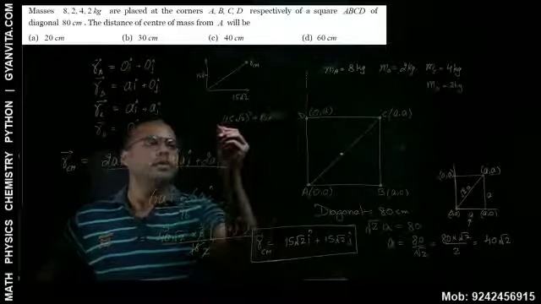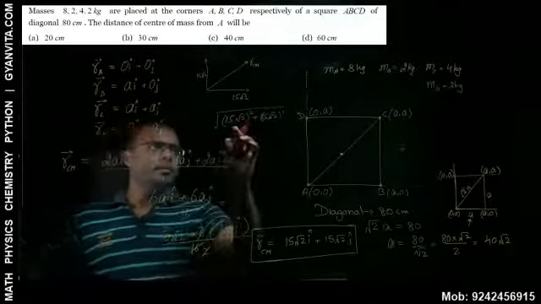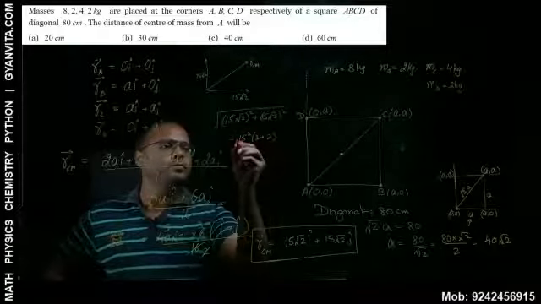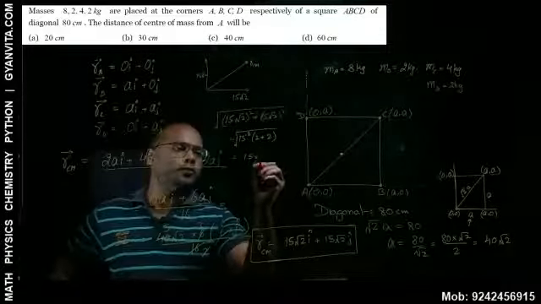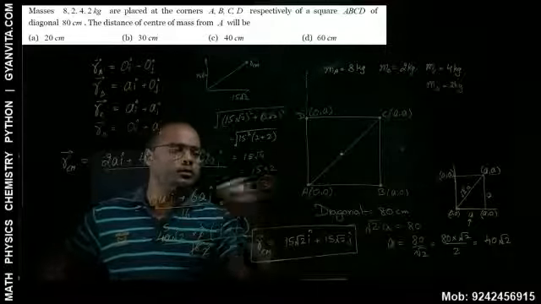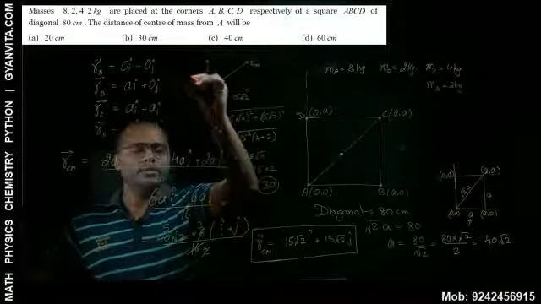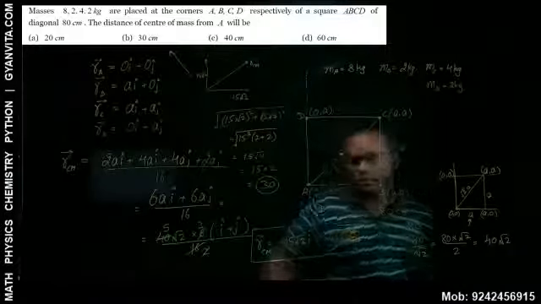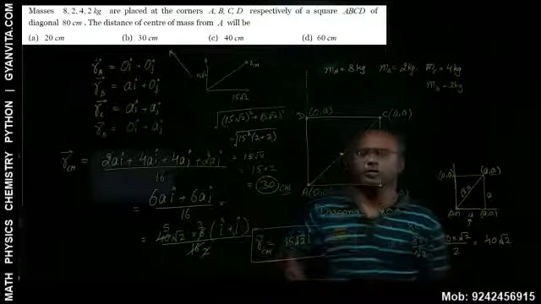That is 15 square into 2 plus 2, root of this. That will be 15 into root of 4, that is 15 into 2, or 30. So that is your second option. The answer is 30 centimeters. Obviously, because all distances are in centimeters, this will also be in centimeters.